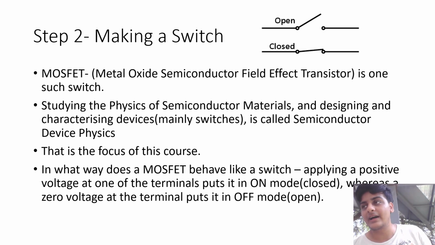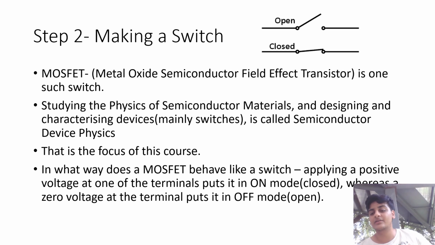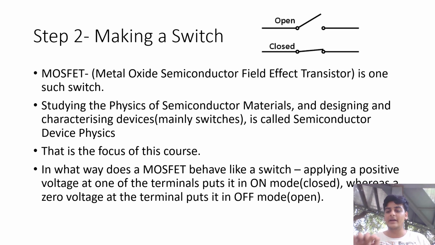But because of the physics of the MOSFET, of a semiconductor, we are able to design the MOSFET in a way that we can give a voltage to one of its terminals to turn it on or off. If we give a high voltage to that terminal, for example, it is turned on, and if we give a low voltage to that terminal, it is turned off, in one type of MOSFET. So the main takeaway is that just by giving a voltage level to one terminal of the MOSFET, we can open or close the switch.